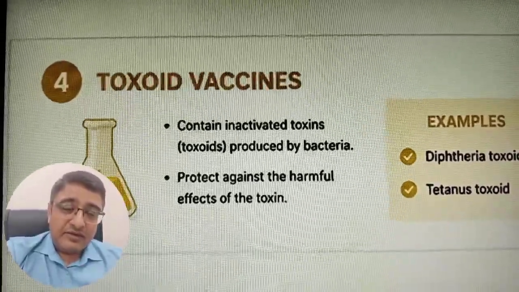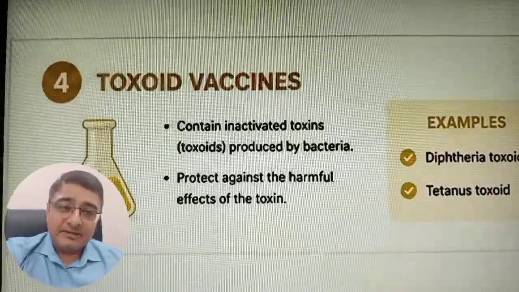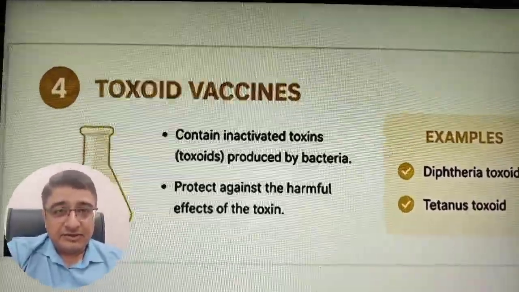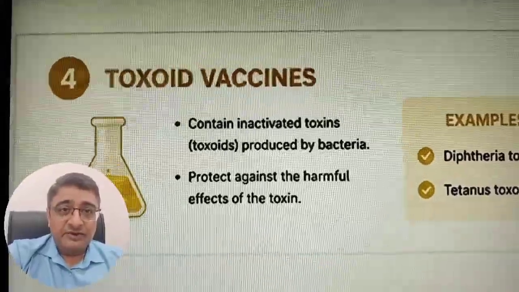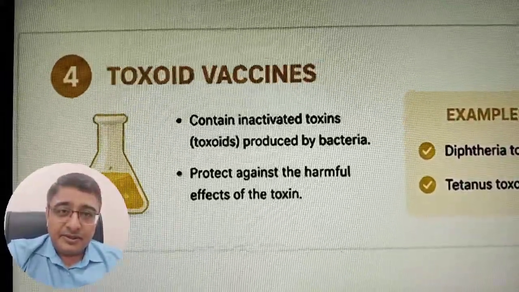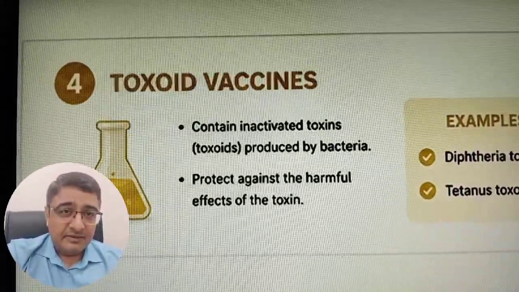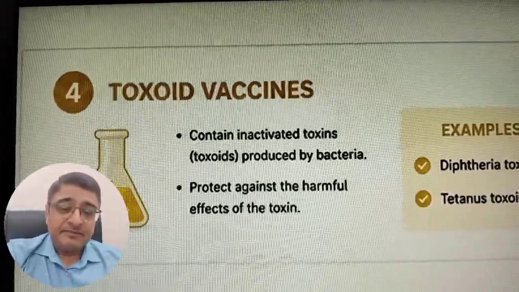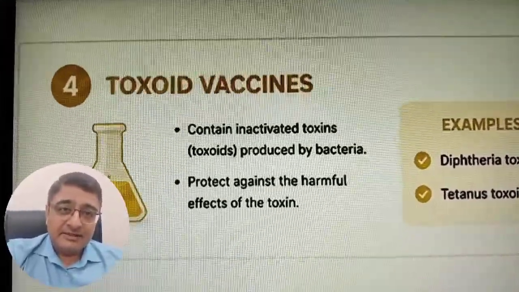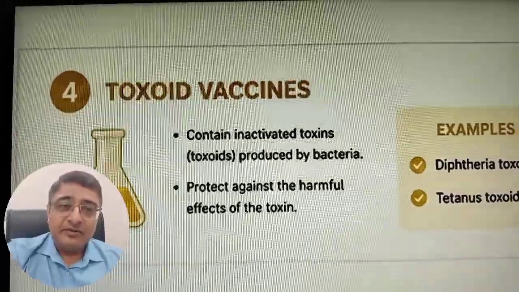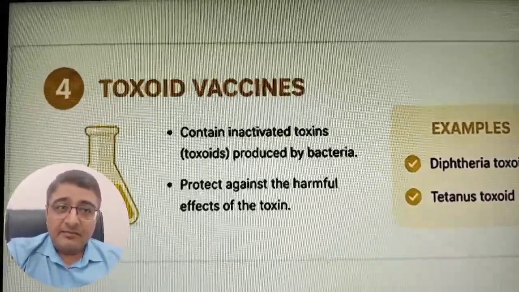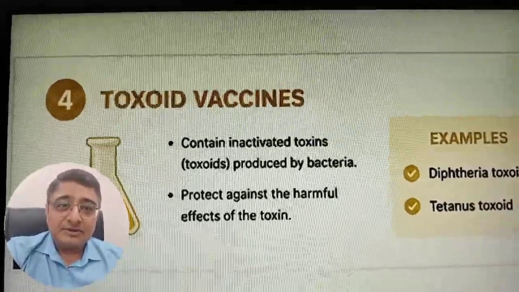In veterinary science, the enterotoxemia vaccine contains toxoid of the Clostridium organism, especially the epsilon toxin of that organism, which is converted into toxoid to protect against the harmful effect of that epsilon toxin.